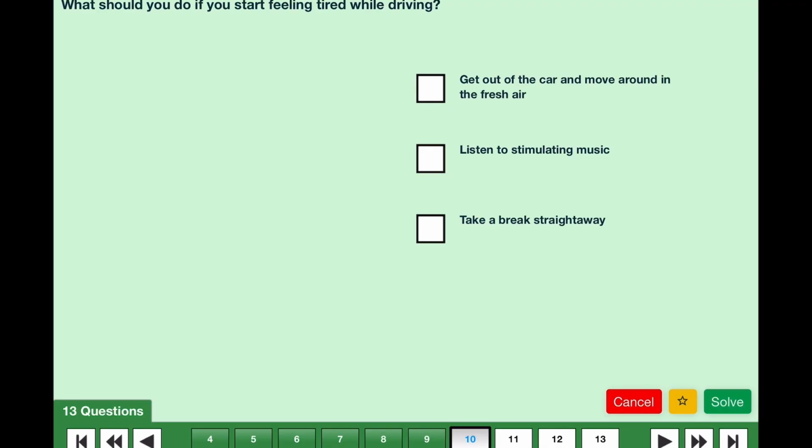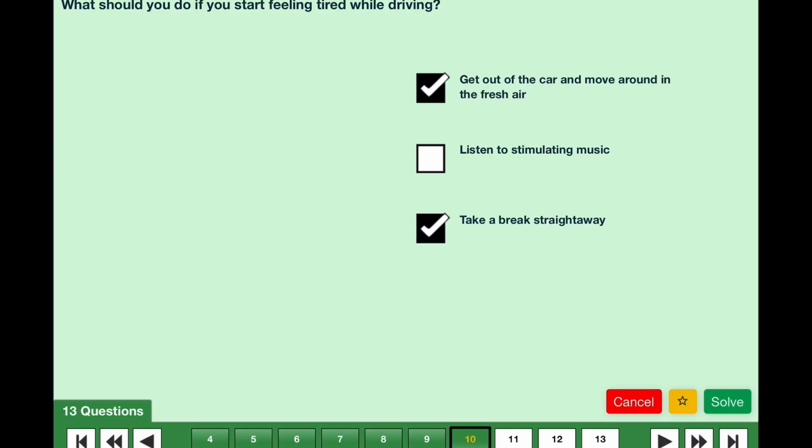Moving to number 10. What should you do if you start feeling tired while driving? Get out of the vehicle and move around in the fresh air, yes. Listen to stimulating music, no. You don't have to listen to music when you are tired. The last one says take a break straight away.